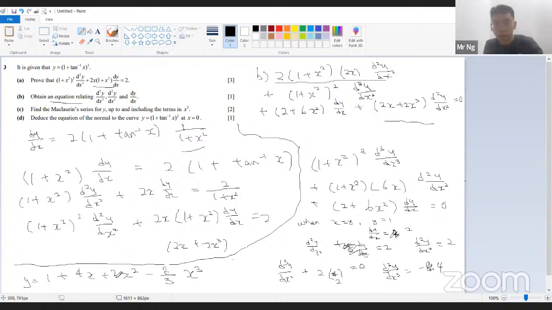Okay. 2y dx, 2y dx squared. 2 over 2. Yeah, so it's still in. So here's 2. Okay. So 1 plus 2 plus x squared minus.